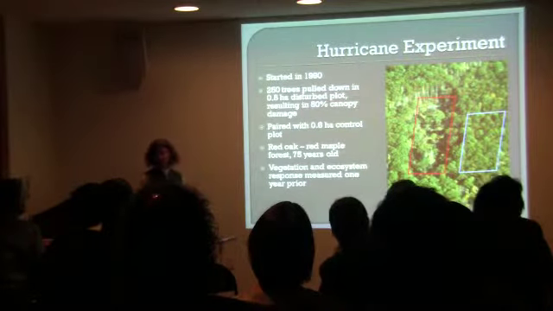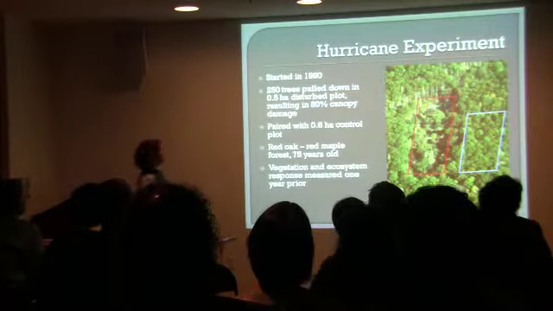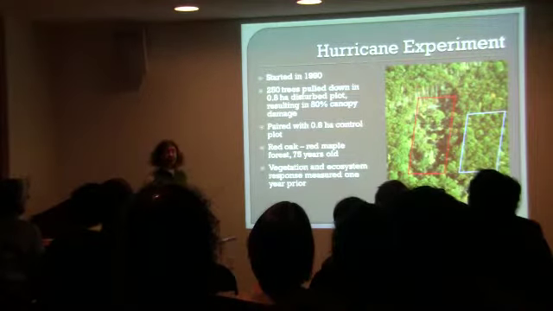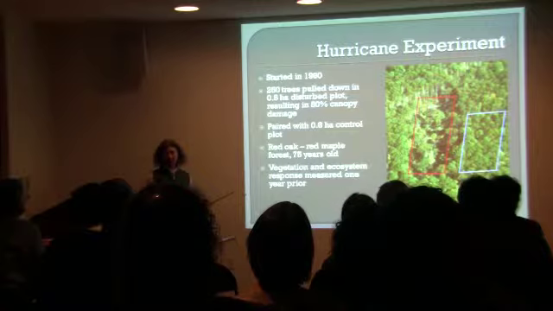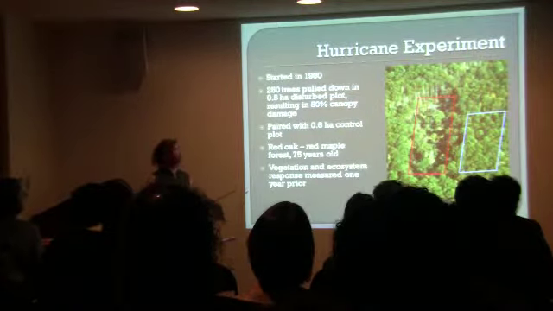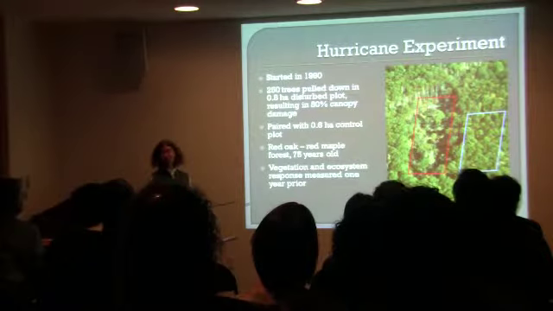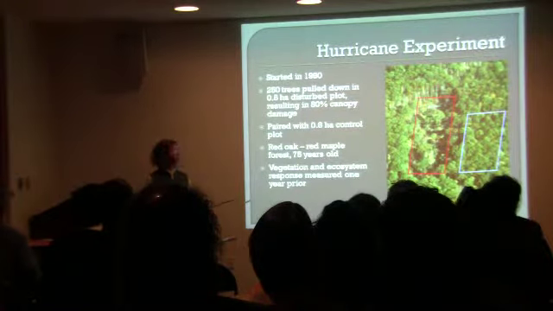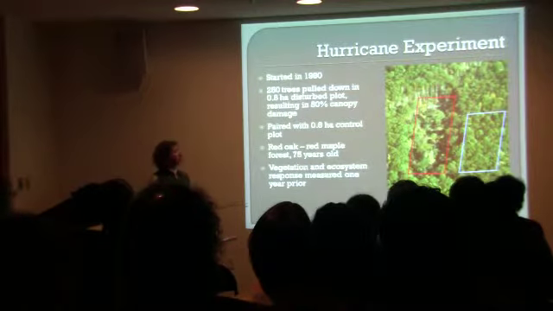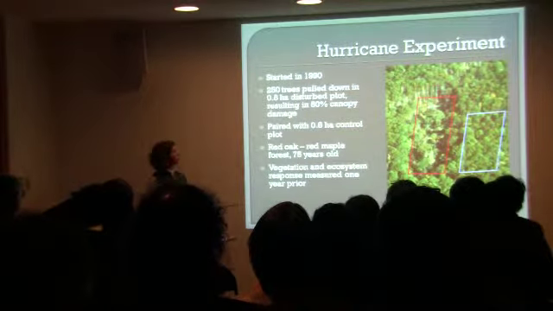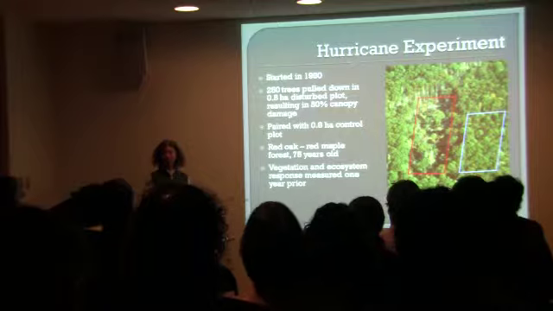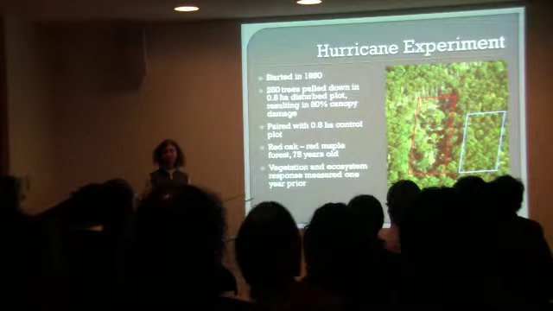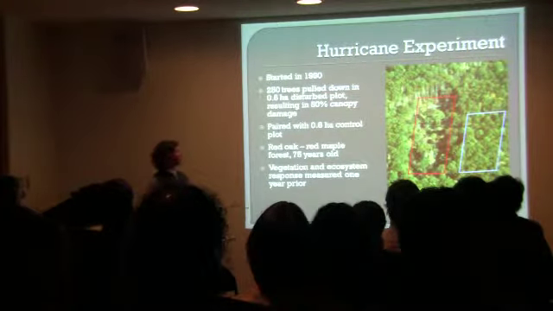So to focus on the hurricane experiment, this study was implemented in 1990, and we put in one large patch disturbance site in which we pulled over 250 trees mechanically to simulate the physical effects of hurricane disturbance. The indirect effects resulted in 80% canopy damage, which is about what we were aiming for and what we'd expect in this forest type.